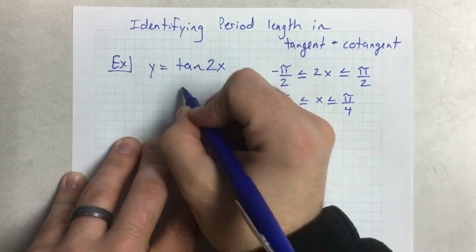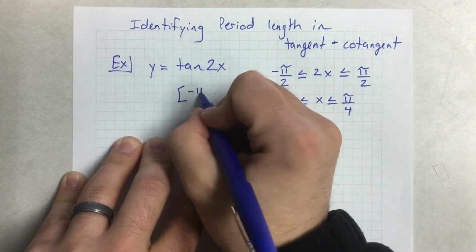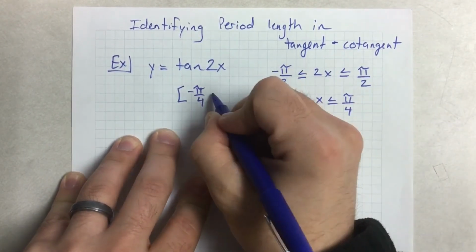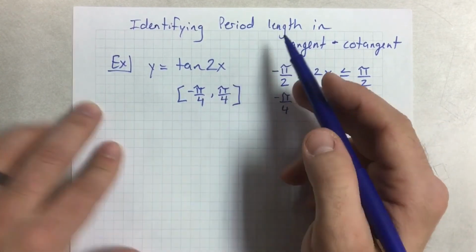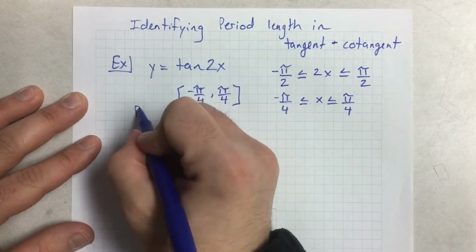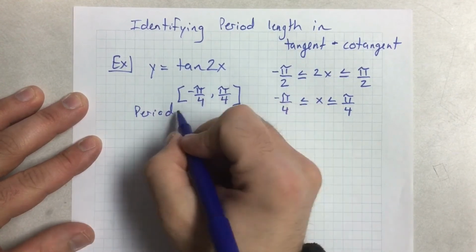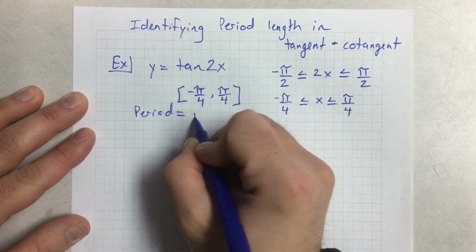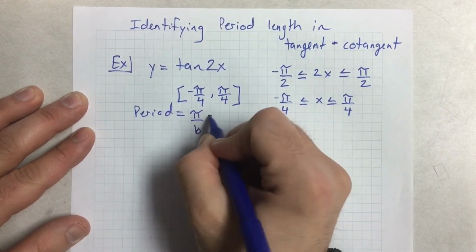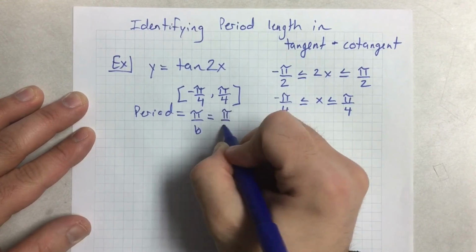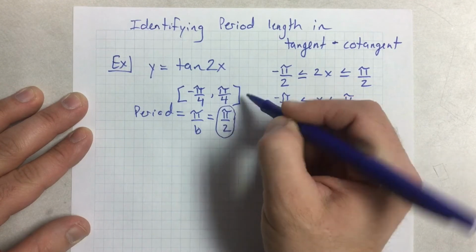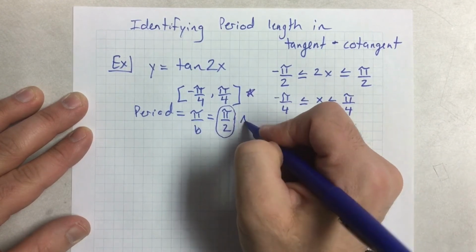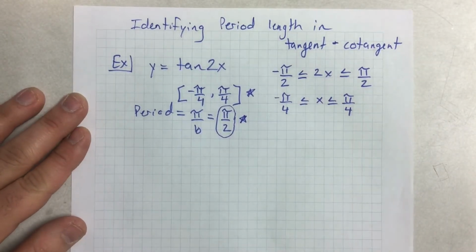So our interval is negative pi over 4 to positive pi over 4. That's our interval. But the actual length of the period is going to be pi divided by b, so pi divided by 2. So we have our interval, and we have the length of that interval.